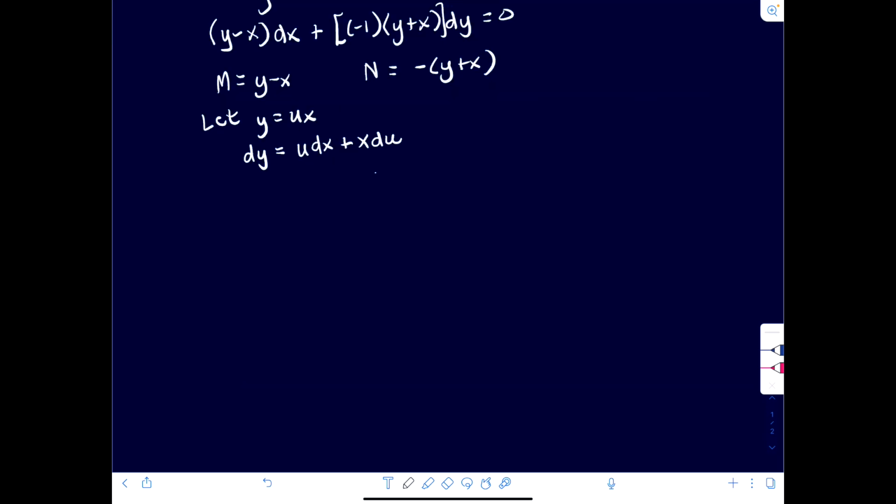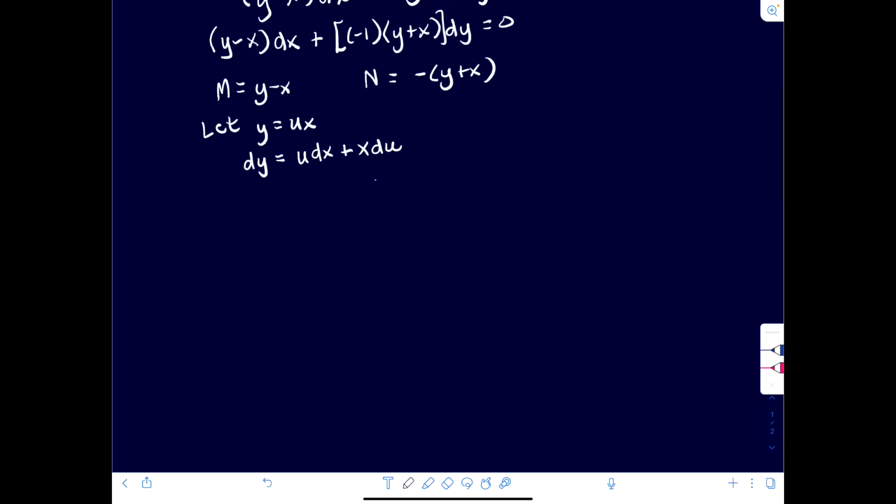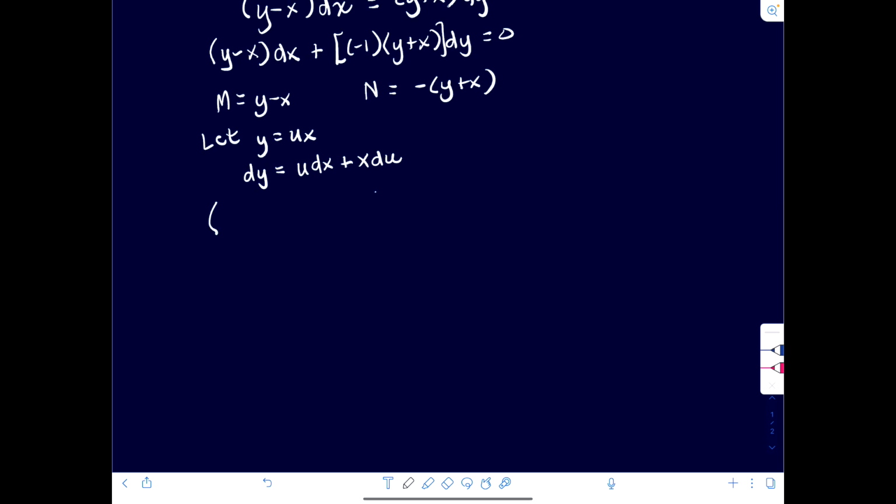Okay, so now let's plug it all back in. So y is ux, and then we still have minus x dx, and then I'll just keep that minus out of here, and we'll have ux plus x, and then when I plug in dy, I'll have the quantity u dx plus x du equals 0.